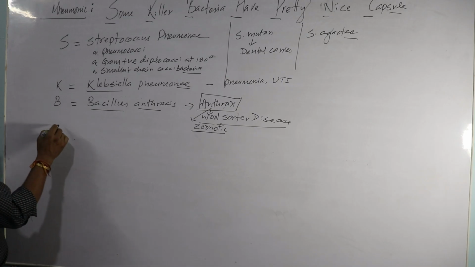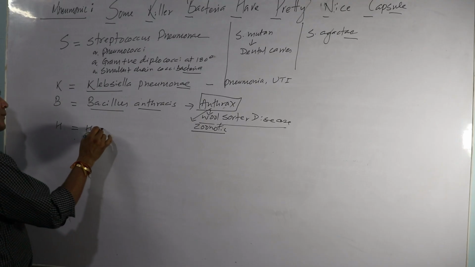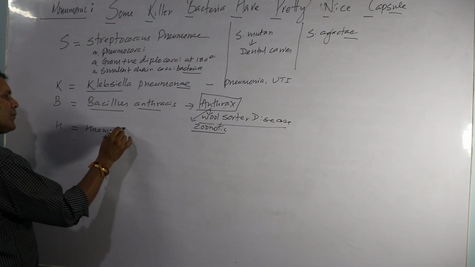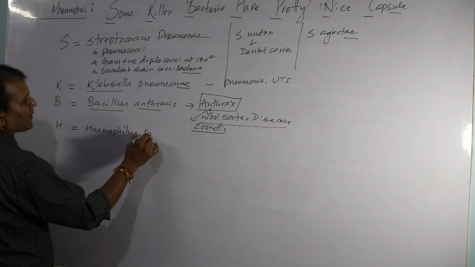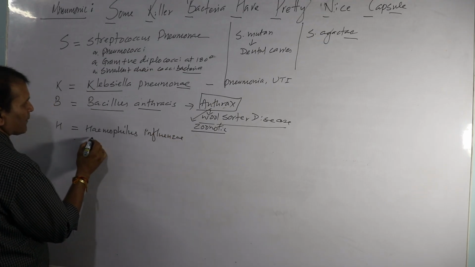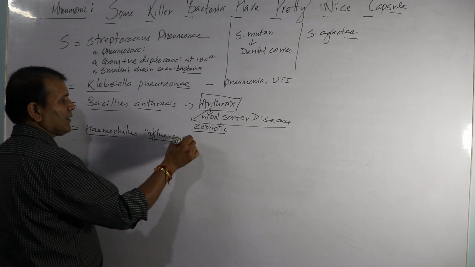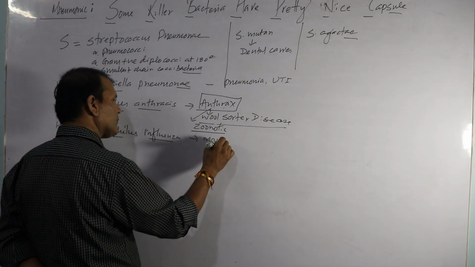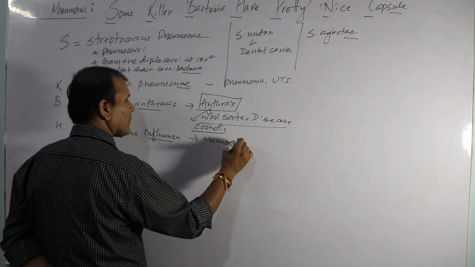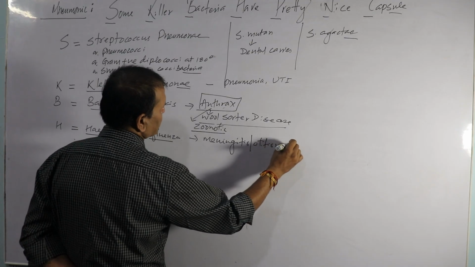It means that it can transmit from animal to man. So likewise, H stands for Haemophilus influenzae. So Haemophilus influenzae is a causal agent of meningitis. It's also gram negative, and causes otitis media.